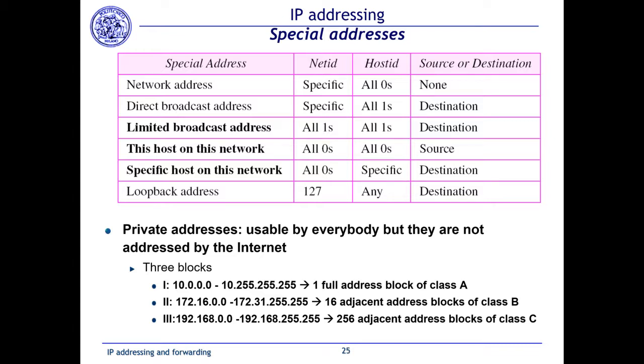Once addresses become public, you can send the packet over the rest of the internet. This system allowed increasing the number of hosts despite the limitation of the address space, which is otherwise very limited.